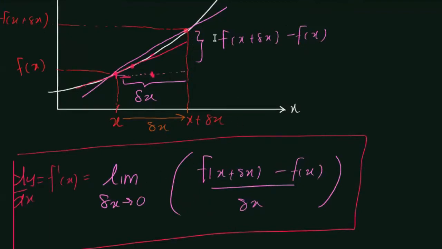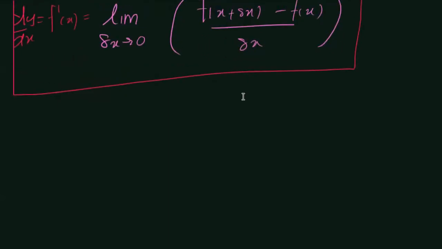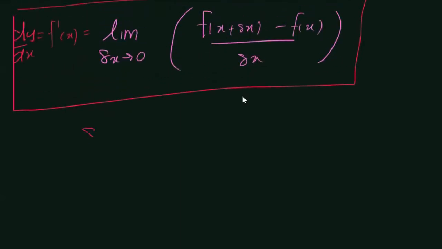This is delta y over delta x. We can further write this as delta y over delta x is equal to f x plus delta x minus f x, divided by delta x.